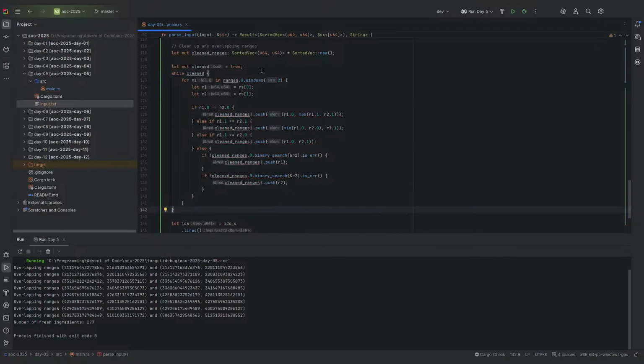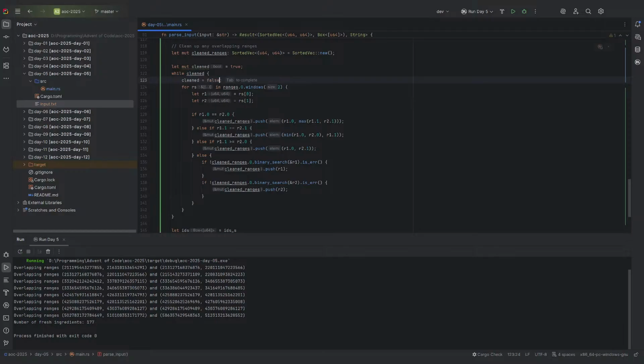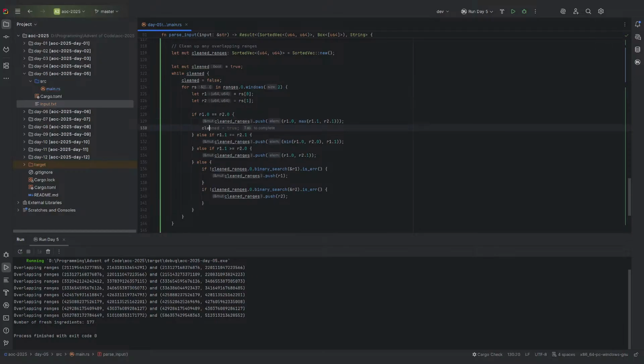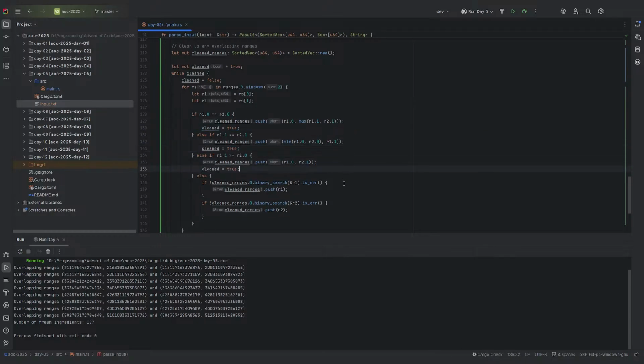This could technically be an endless loop. Any of these, I'll have cleanups.